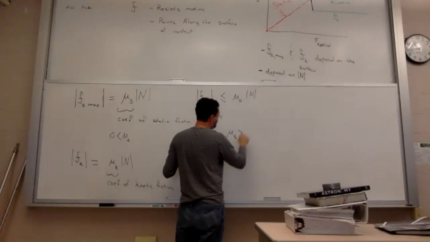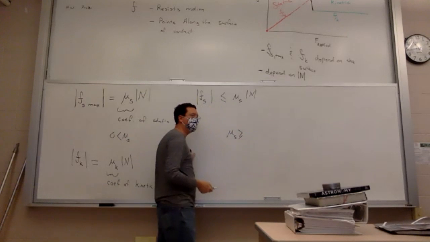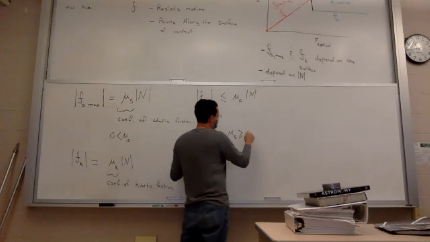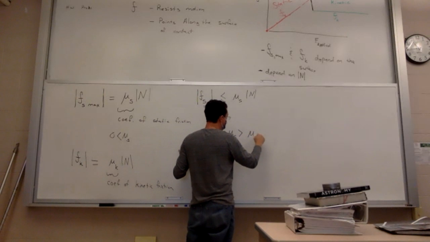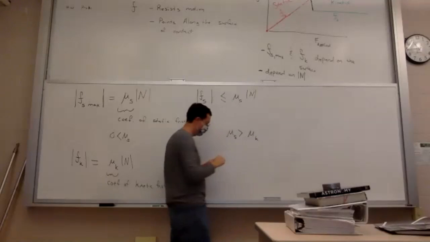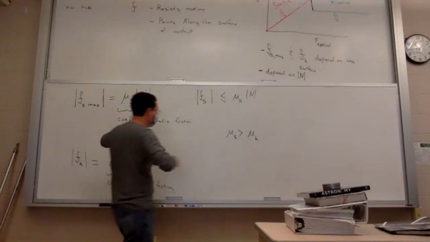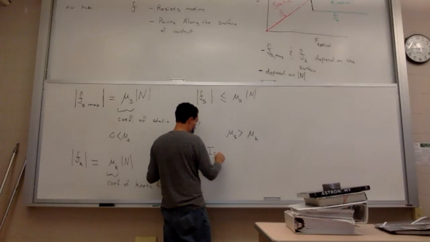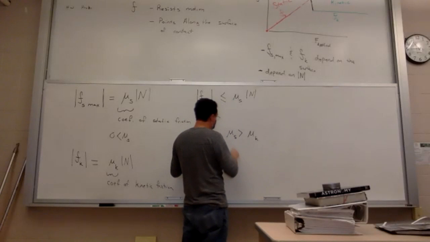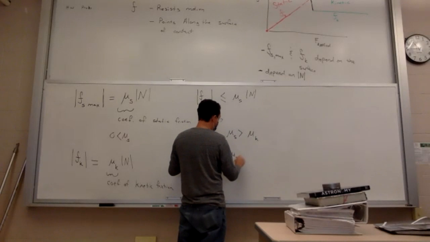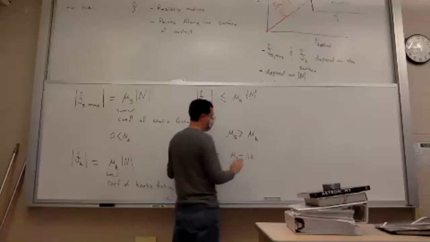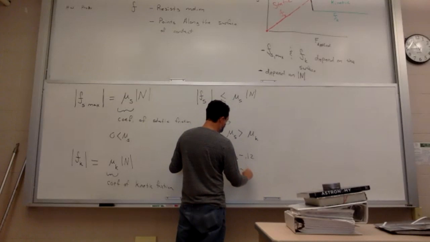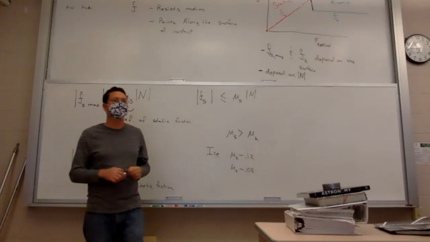And that's typically true. I don't know if it's a hard and fast law of nature, but typically the static coefficient is bigger than mu sub K. For example, for ice, solid water, for typical objects on ice, mu sub S is like 0.12 and mu sub K is like 0.08, something like that.